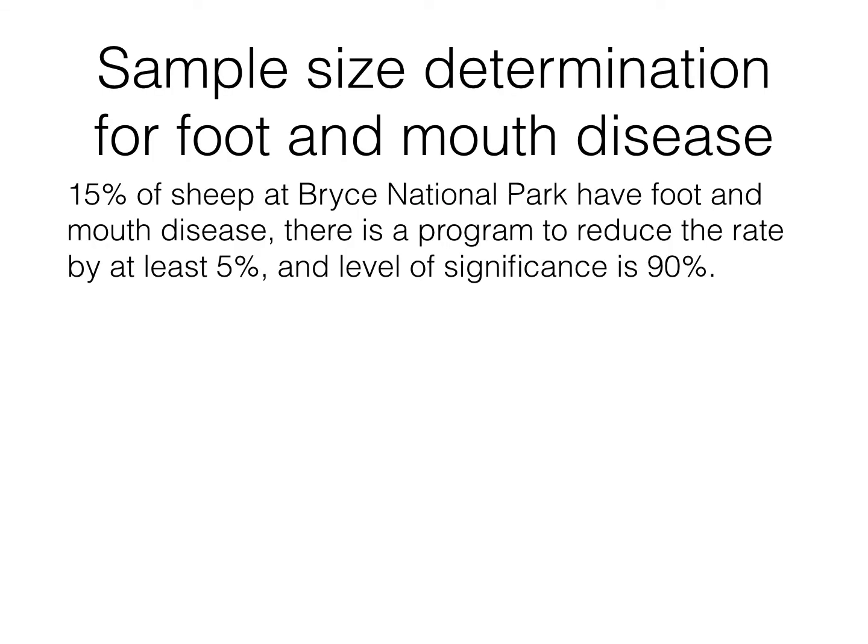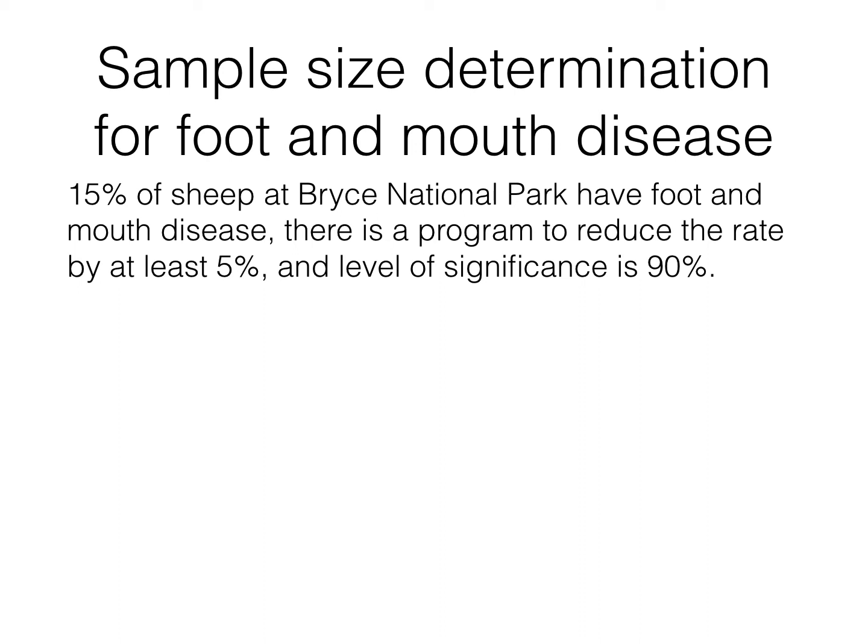We have been informed that 15% of the sheep at Bryce National Park have foot and mouth disease, and park rangers at Yellowstone National Park have been running a program to reduce the rate of the disease. We want to know whether the program is working.